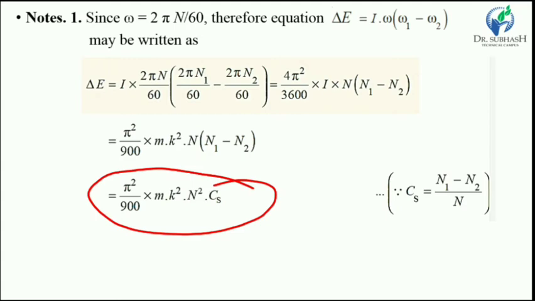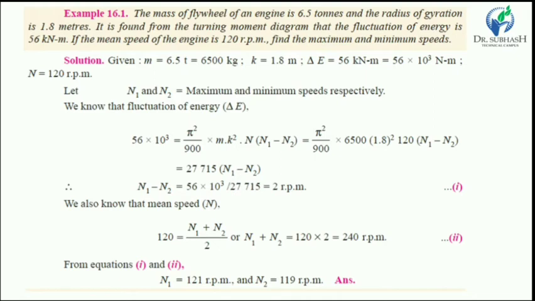Now see the examples related to flywheel. The mass of the flywheel of an engine is 6.5 tons. In kg we multiply by 1000, so the flywheel mass is 6500 kg.